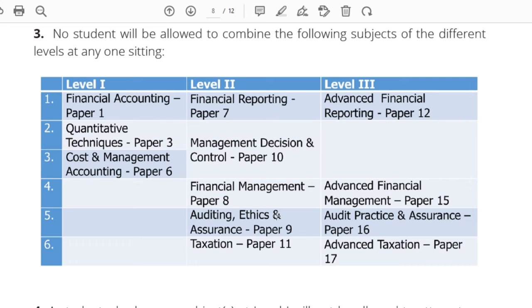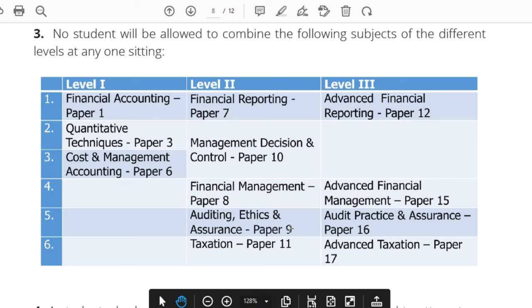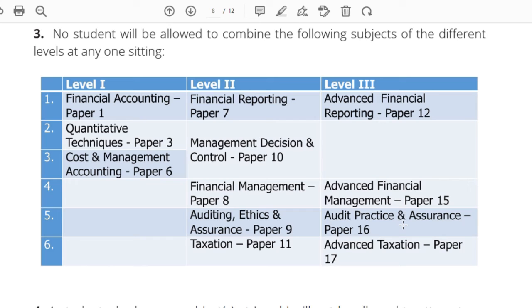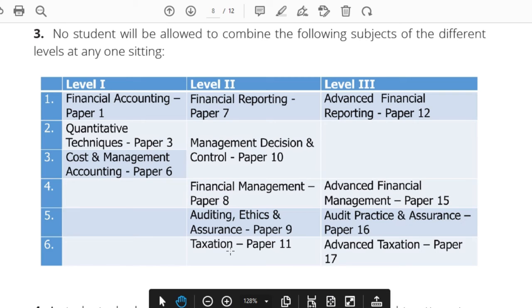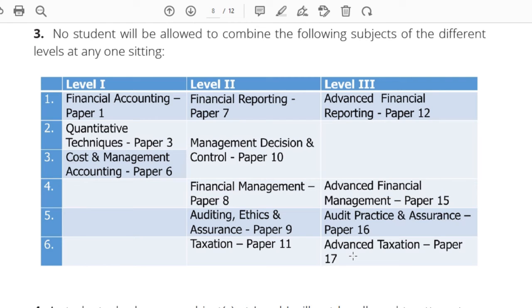Again, auditing, ethics and assurance, paper 9 at level 2 cannot be done together with audit practice and assurance, paper 16 at level 3. Then you find papers like taxation, paper 11 at level 2 cannot be done at the same time with advanced taxation, paper 17 at level 3. Even if these are the only 2 papers you have, you cannot do these concurrently or at the same time.